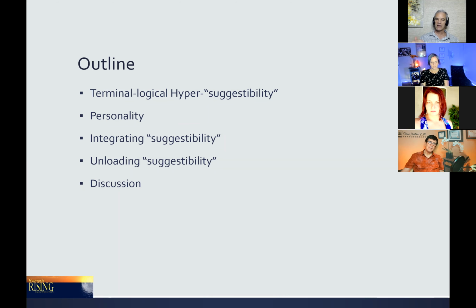What I'm going to focus on today is that we have all these other meanings of suggestibility, and so we need some new terminology. And in introducing that terminology, I'm going to actually talk a little bit about, as we go through it, why I chose the terminology, why Dr. Kappas chose the terminology he did.